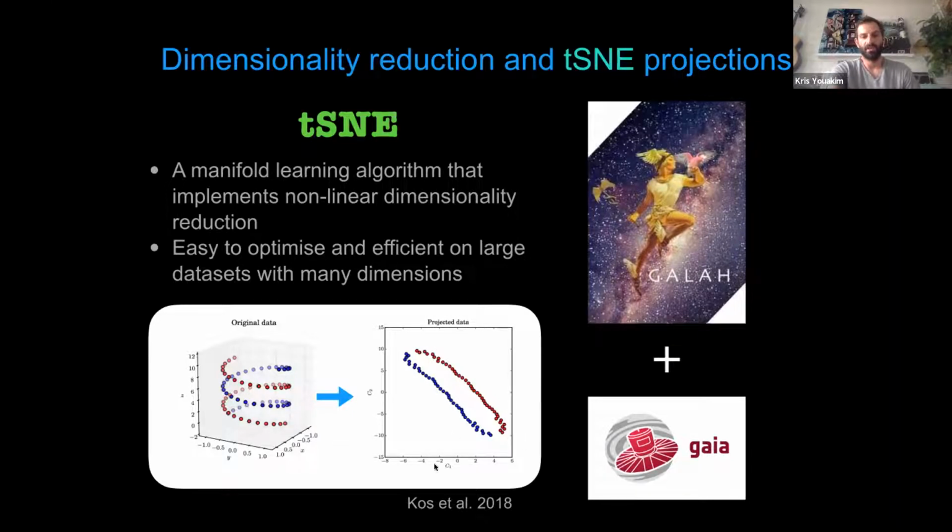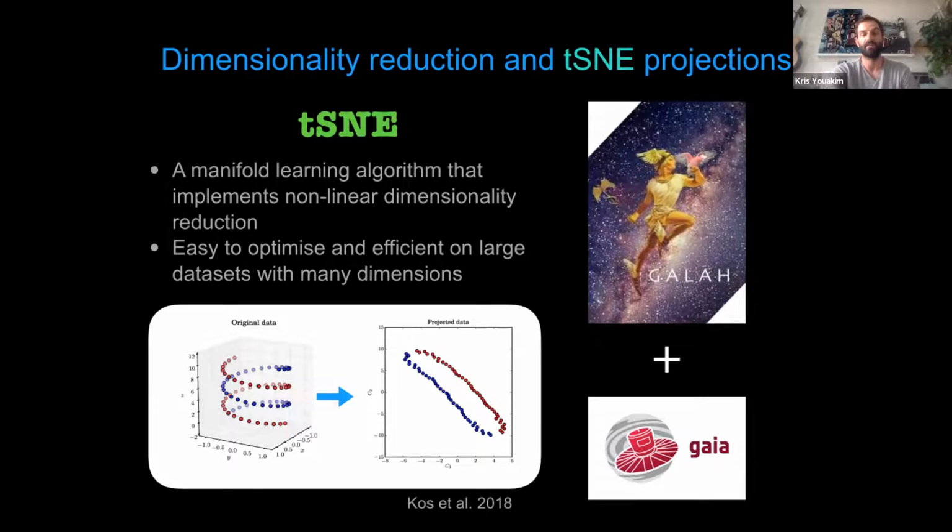The axes are dimensionless, but the important thing to note is that stars that are nearby in this space are also clustered in higher dimensional space, because clustering signatures are preserved. This doesn't necessarily have to be 3 dimensions to 2 dimensions. This can be n dimensions to 2 dimensions. And in our case, it's going to be about 23 chemical and kinematic dimensions that we're going to project down to 2 dimensions. The only limitation of this method is that it does not deal well with missing data.